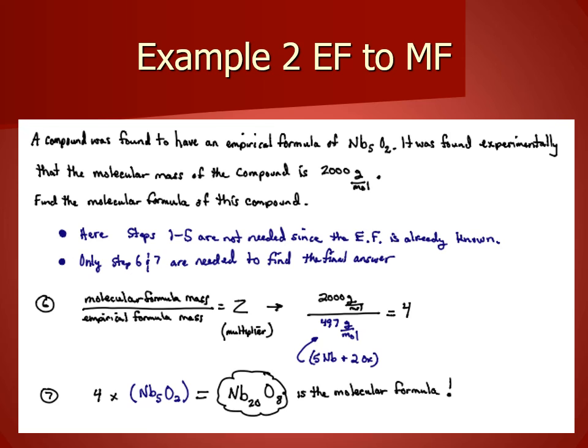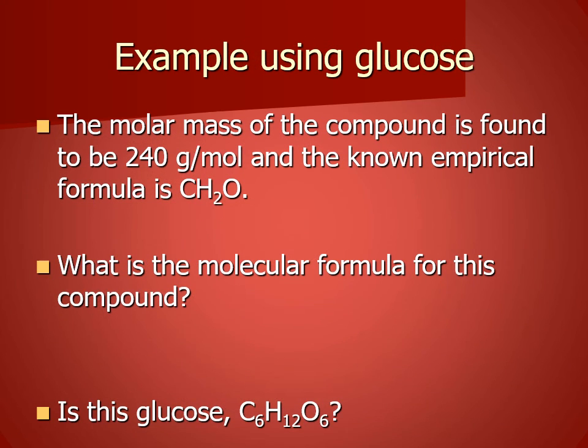Okay, I have one more example, and this is really straightforward, really quick. The molar mass of a compound is found to be 240 grams for every mole. We know the empirical formula is CH2O. So this is very much like that last example, where I know the empirical formula and the big mass I'm shooting for, so I don't have to do steps 1 through 5.